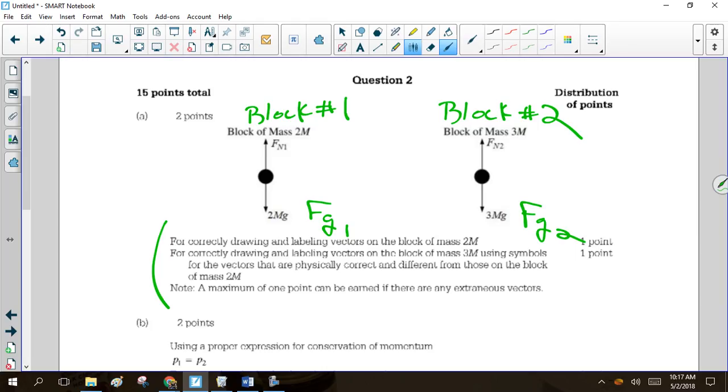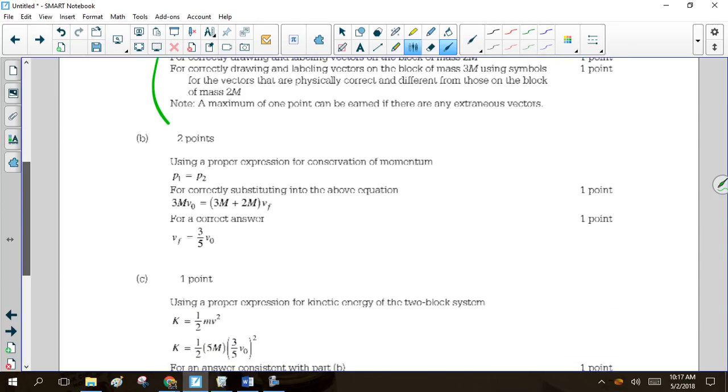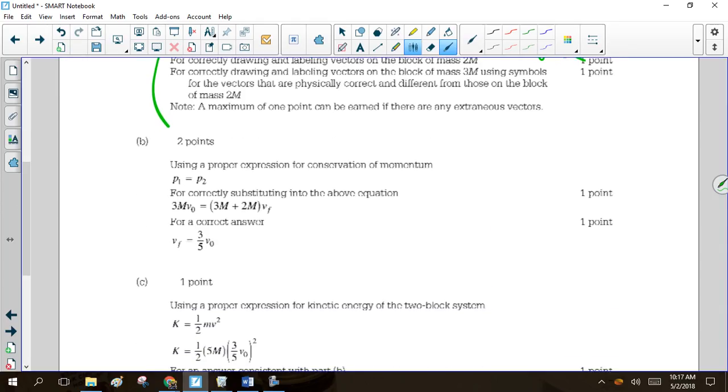So for part B, they're basically saying that the momentum of the 3m cart before the collision has got to equal the combined momentum after the collision, and solve. So you get 3/5 your starting velocity. Cool?